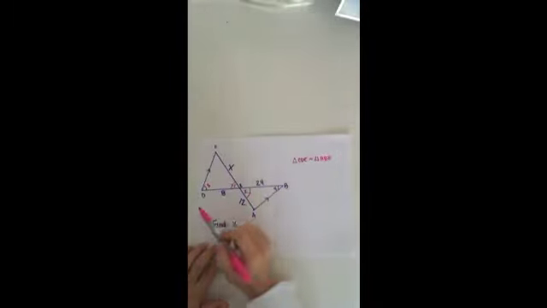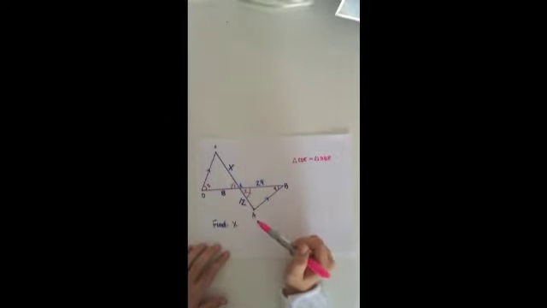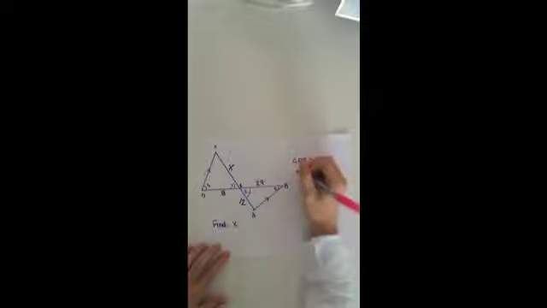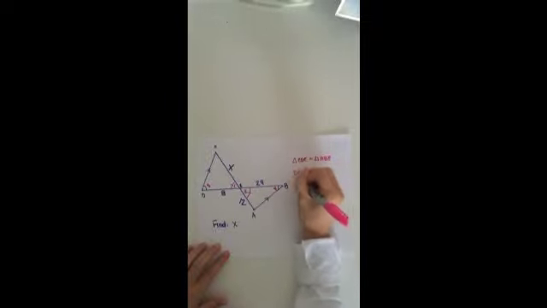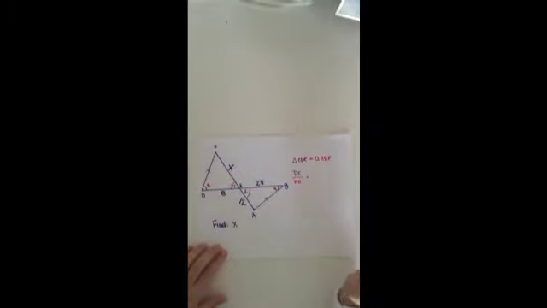Because these two triangles are similar, we know that DC over AB is a ratio, so we set it up like this. Now, our other sides are CE over AE.